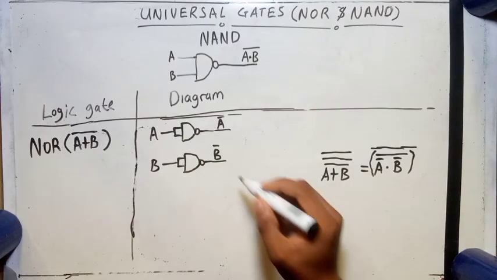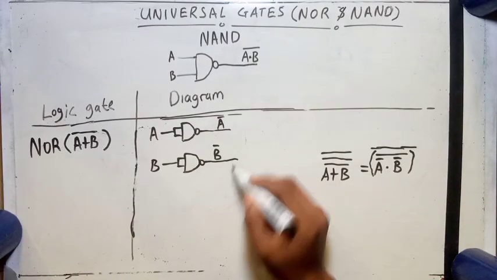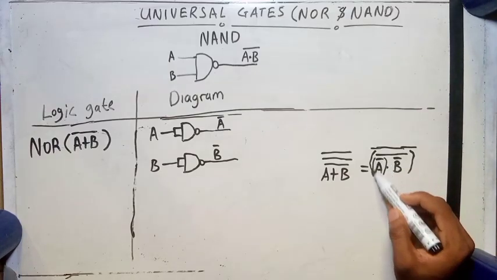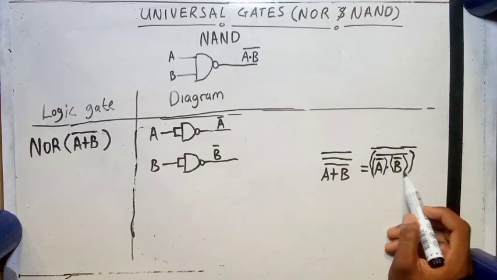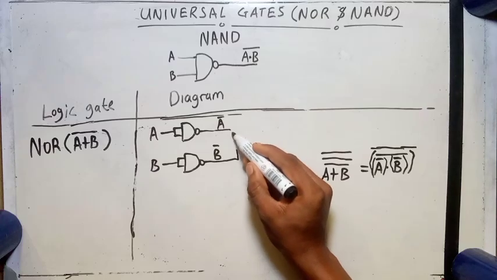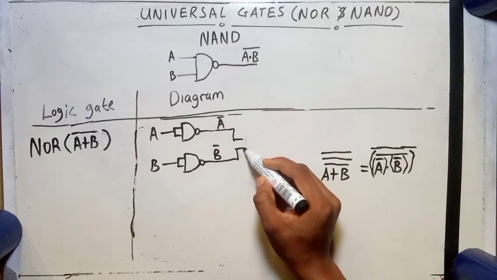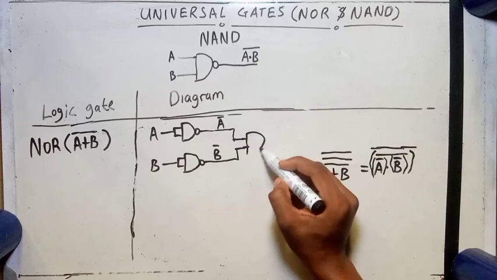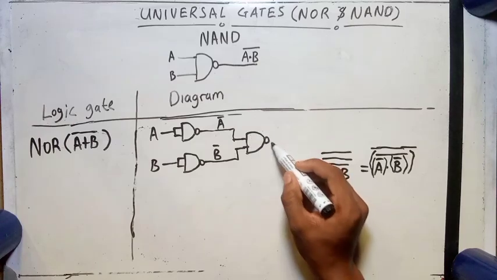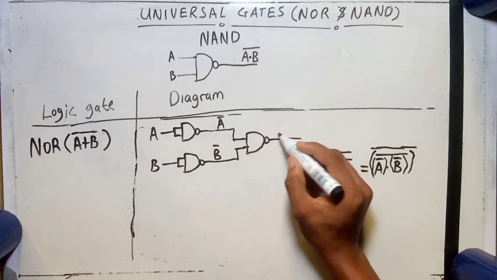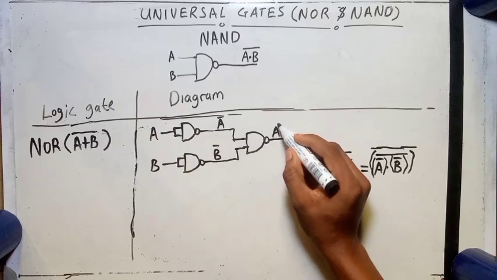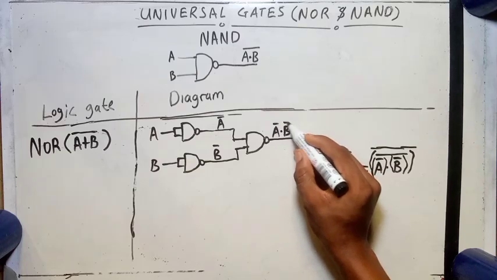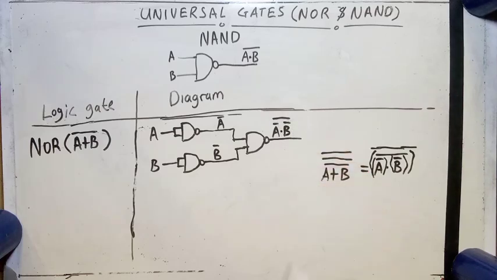Okay, now from here, we have just achieved to bar this and this. Now we have to join the two of them together so we can achieve that in the brackets. So at this point, we'll be having what? A bar times B bar all bar.